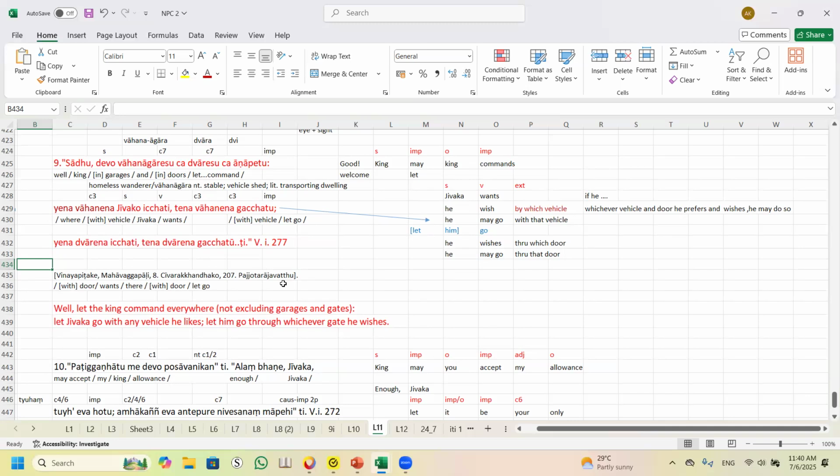At night the gates of the wall will be closed to prevent intruders or whatever. So in this particular case, the king allows Jivaka, if he wants to go by the southern gate, northern gate, or eastern gate, whatever gate, he just has the permission to take whatever he wants.